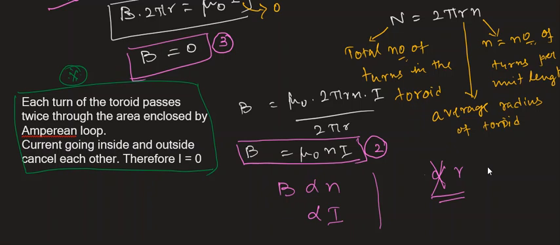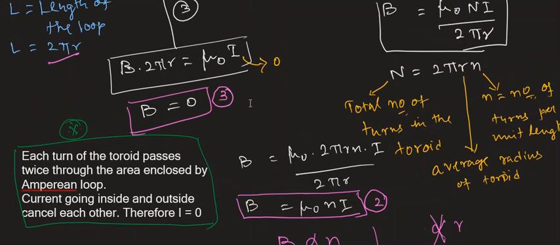Are you able to understand the meaning of inside? There are two insides. In the first case, the empty space inside the toroid, and in the second case, the space inside the loop of the toroid, the circular loop of the toroid. Do you understand that point? We are talking about that one only. So it becomes independent. You may be asked such a question.